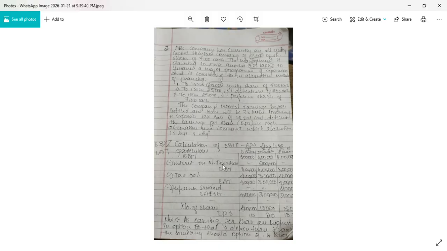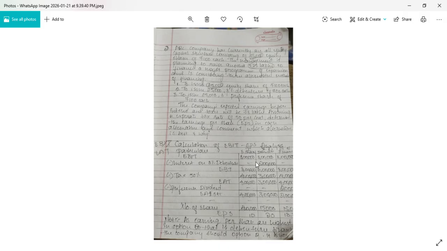Interest will be 8%. In the first option, if we see, entirely 25 lakhs they are issuing in the form of equity shares. So in the first option, we have to mention nil. Second option, we have to calculate interest. How much is our debenture amount? 25 lakhs. Entire 25 lakhs they are issuing as debentures. So on 25 lakhs we have to calculate 8%.